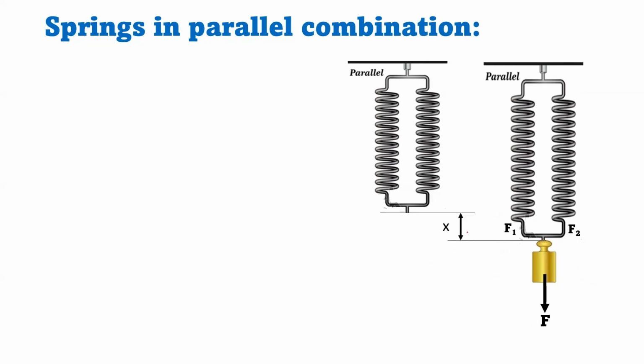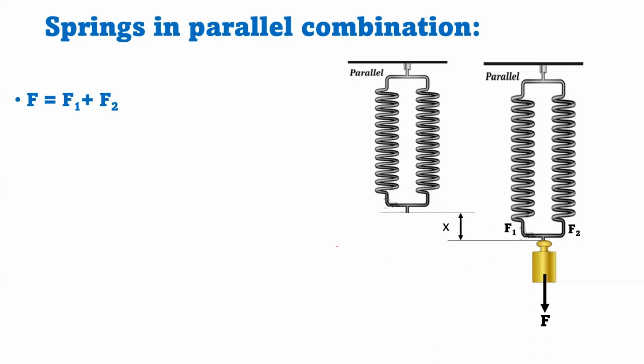That elongation may be X. Now in this case, the total force F equals the sum of the forces acting along both the springs. That is F equals F1 plus F2. We already discussed F equals minus Kx.